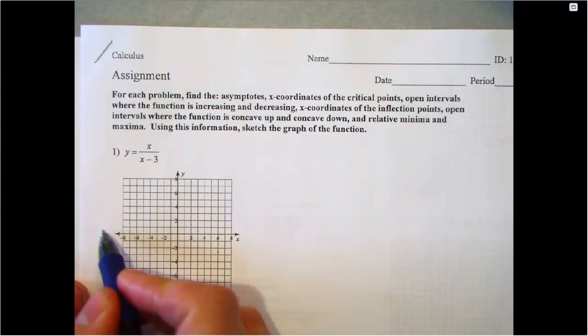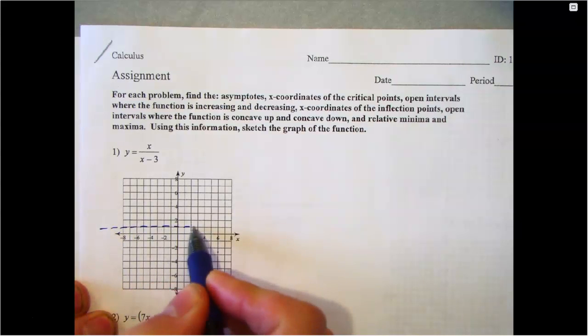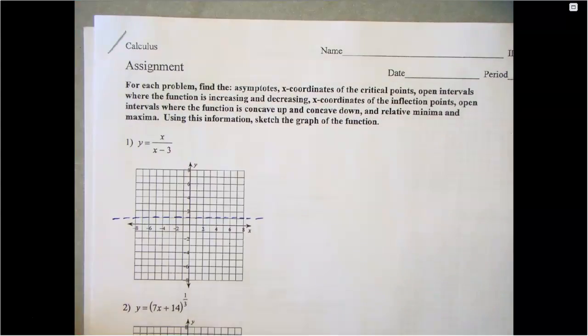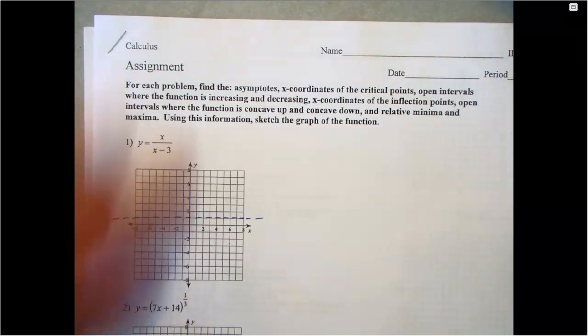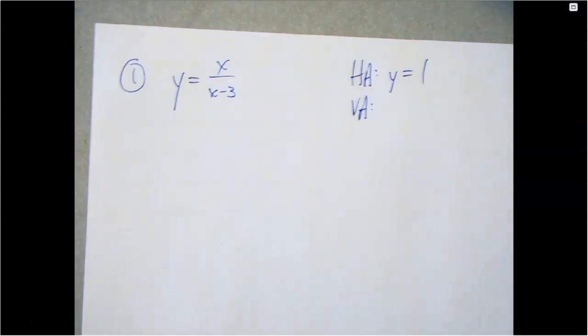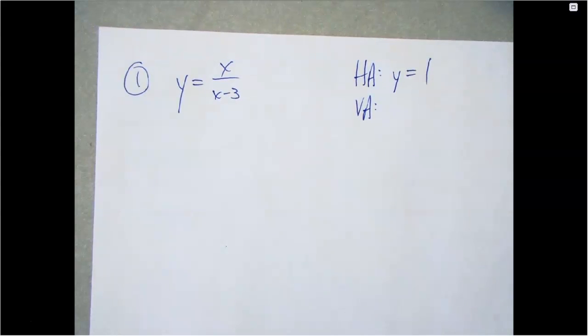So if you want, you can go to your graph and throw that on there. Basically, I gave you this so you can have a graph there, and then you can do your work somewhere else. Vertical asymptotes is when the bottom equals 0 and the top does not.